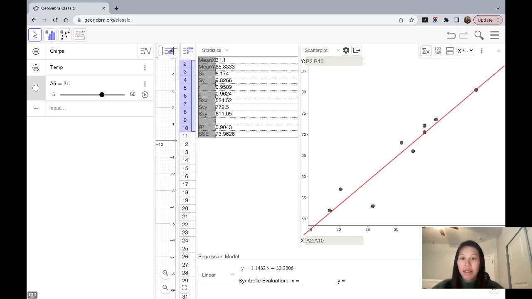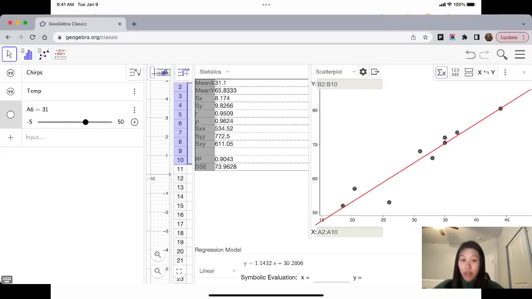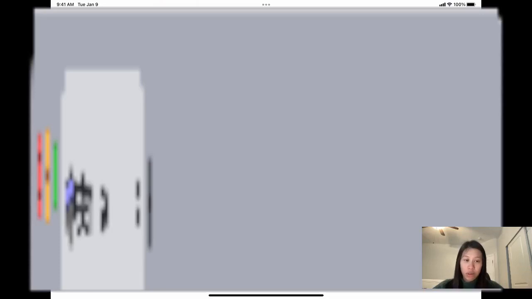But the most important thing for this class is the R value. Here the R value is 0.959. So what does this mean? Well, I'm going to introduce the R value to you.